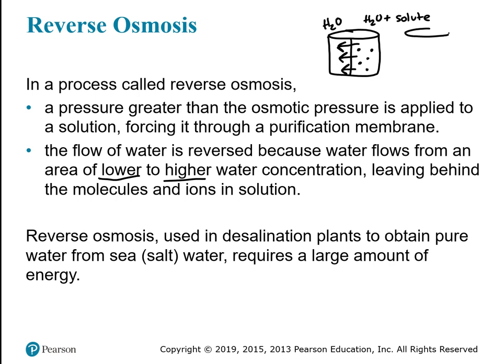So that over time, what you would have is a higher water level on the water side than the water plus solute. That's why it's called reverse osmosis. So remember the difference between the two. If you can remember one, then you can remember the other is the reverse.